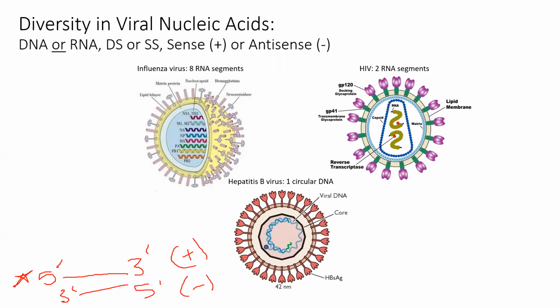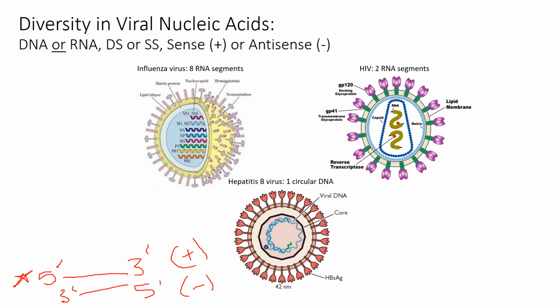It has multiple nucleic acids that make up its genetic material. HIV has 2 RNA segments, whereas if you look at hepatitis B, it's got 1 circular DNA that serves as its genome. So much diversity. And this means how the virus replicates is going to be different. So all of these, the 3 on this screen, have very different replication cycles.